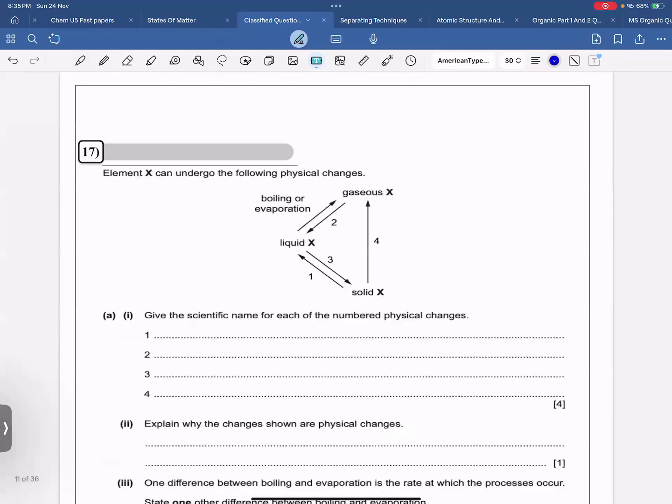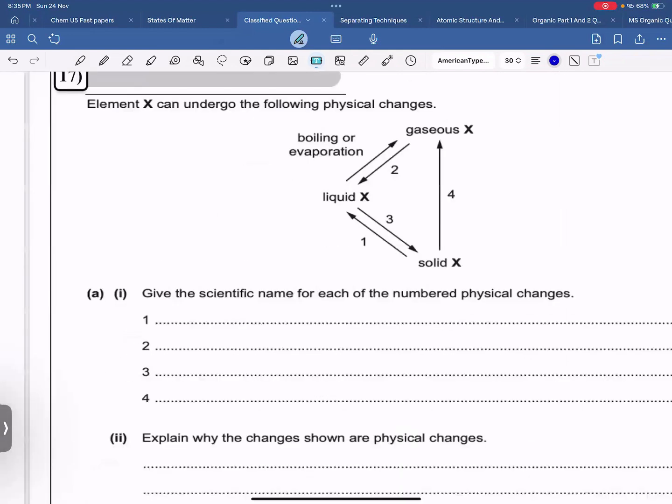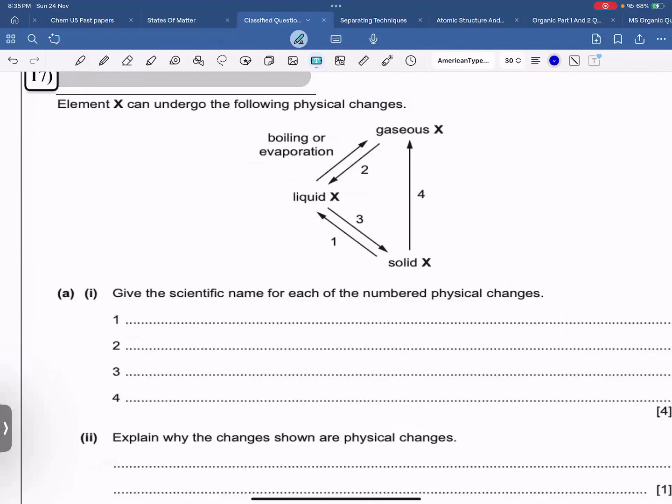And then, next question. Element X can undergo the following physical changes. Give a scientific name for each of the numbered physical changes. Remember, physical change can be reversed, no new substance formed. So, first one, from solid to liquid, is melting.